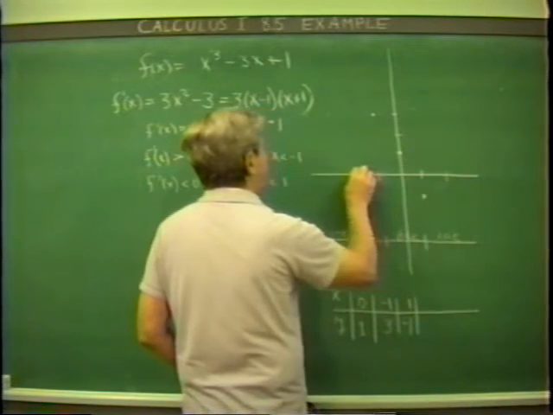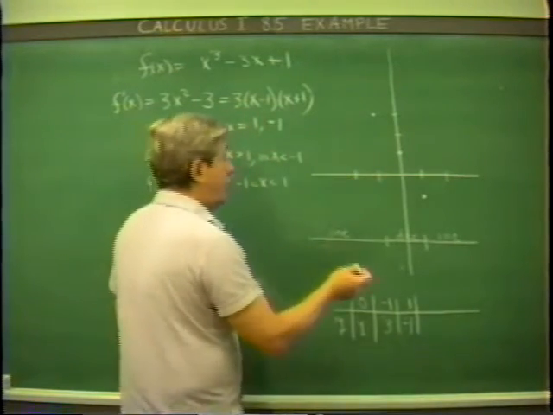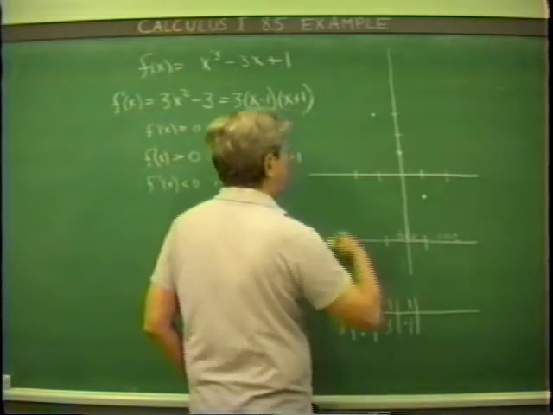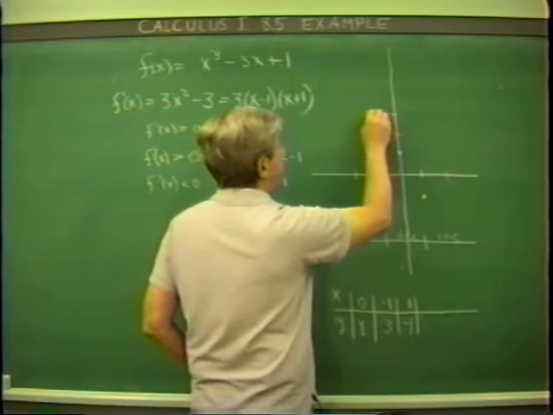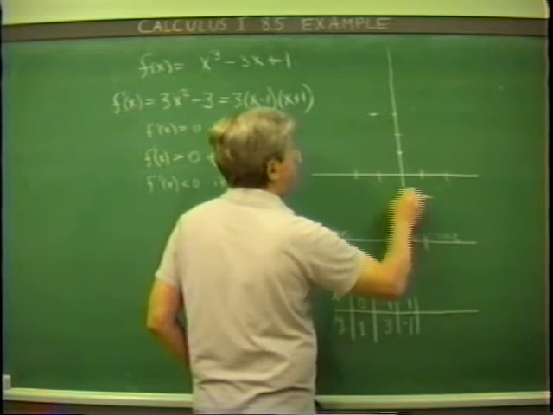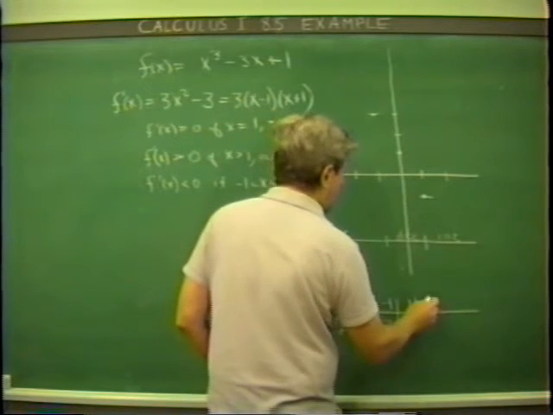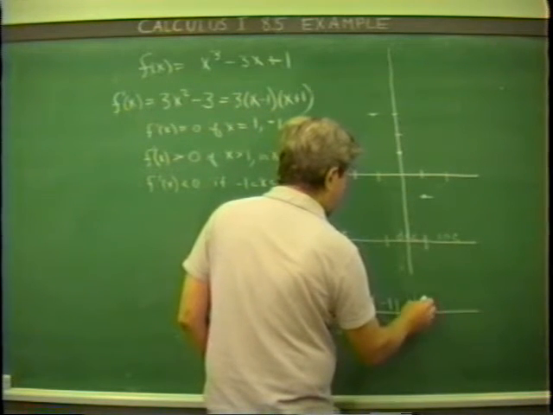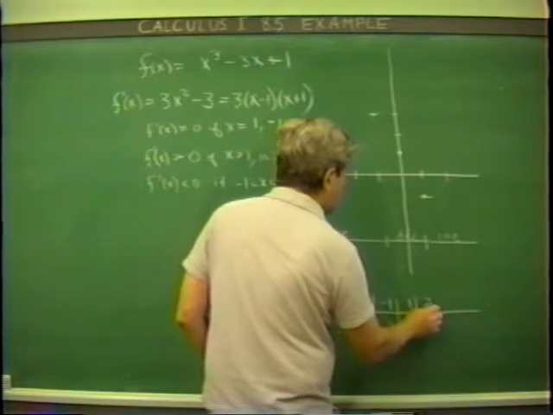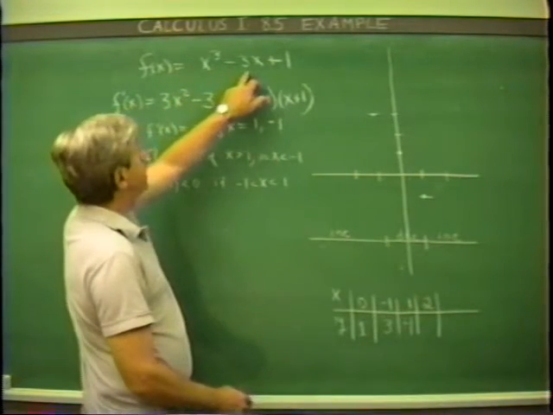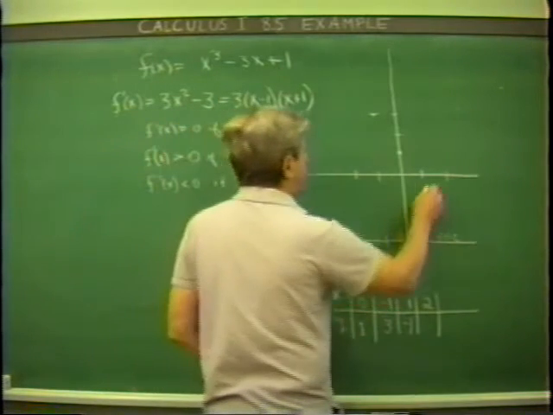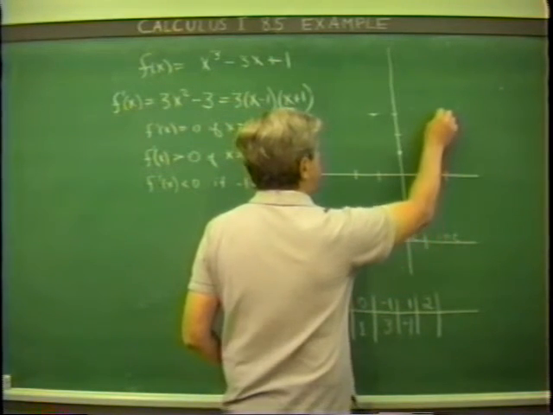Right? So let's plot just a couple more points here, and then we know that we're done, pretty much, because the function is going to increase till it gets up to here. It's got a derivative of 0 here, and then it decreases till it gets down to here, and then it increases. So the function at, let's say, 2 is 8 minus 6 is 2, and 1 is 3.